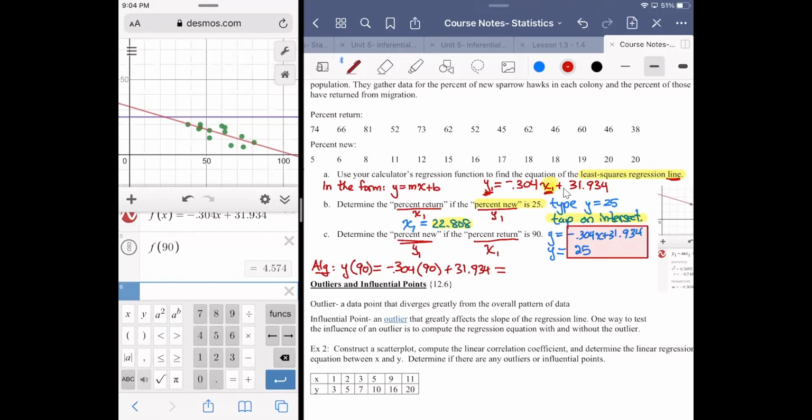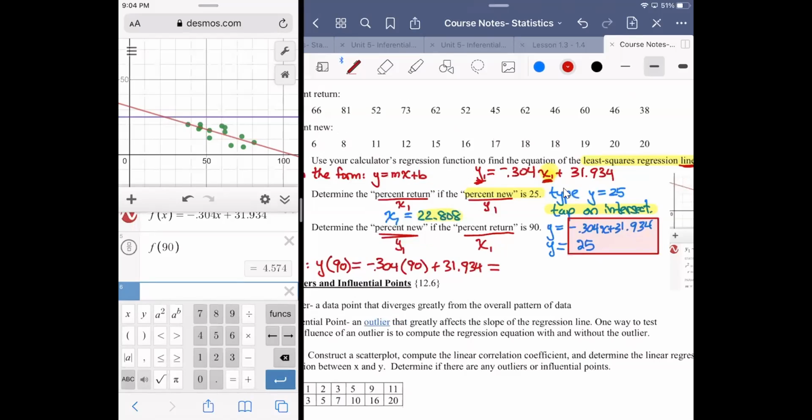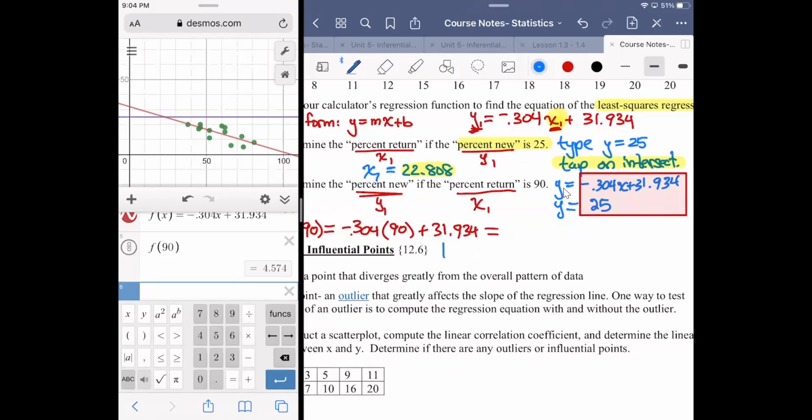All right, so I'll write down the steps here. In Desmos, rewrite the function as f of x equals negative 0.304 x plus 31.934.